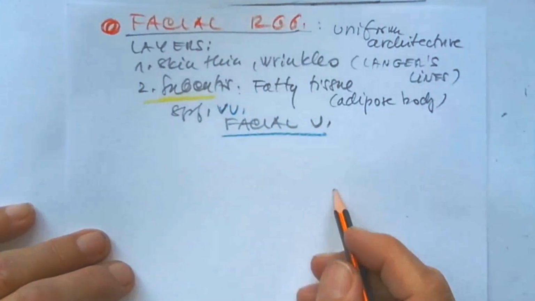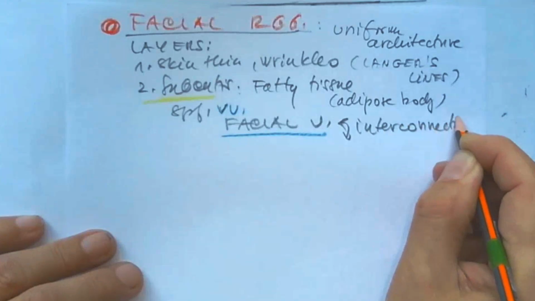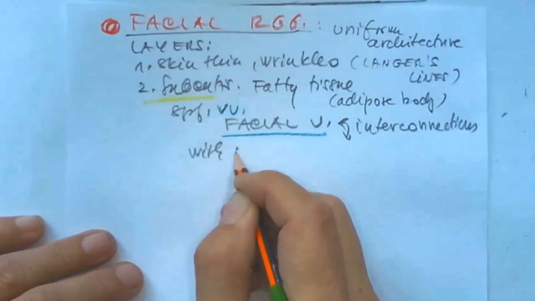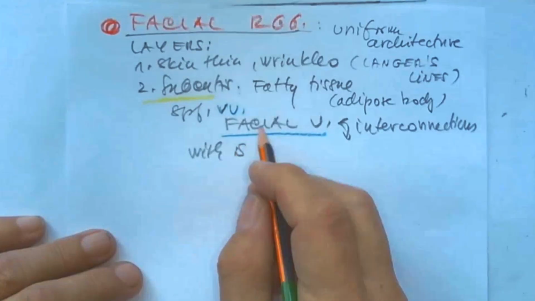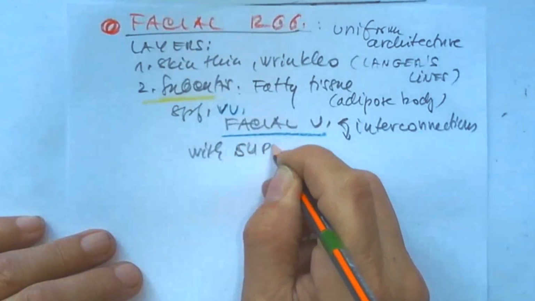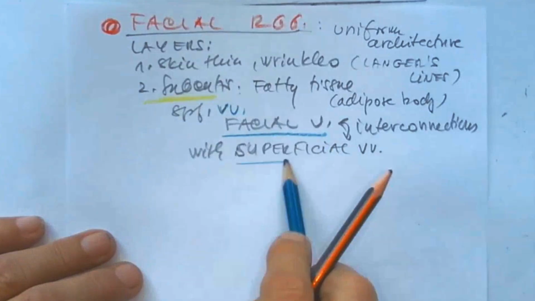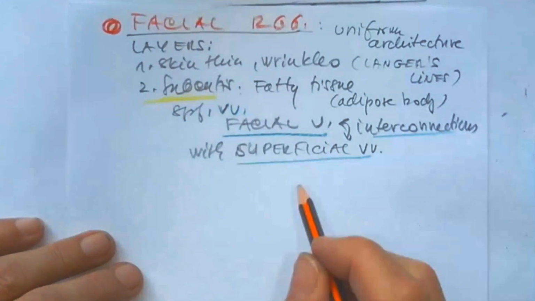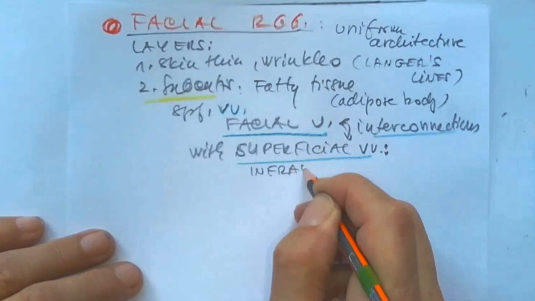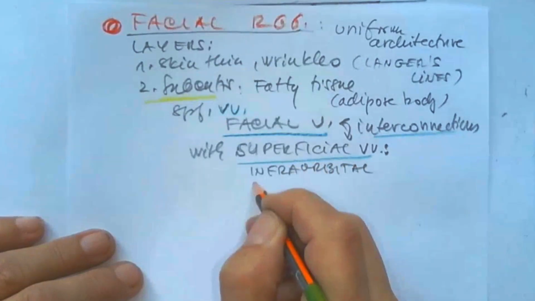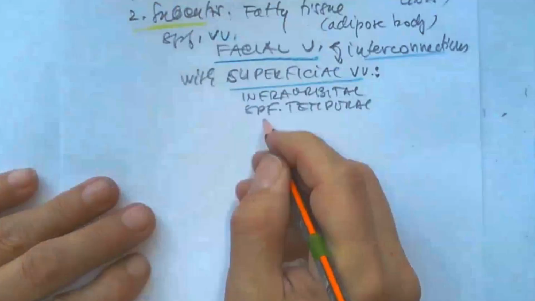The facial vein has interconnections with the following veins, first of all, with other superficial veins, which are infraorbital, yes, infraorbital, then superficial temporal, yes, superficial temporal, then what else?